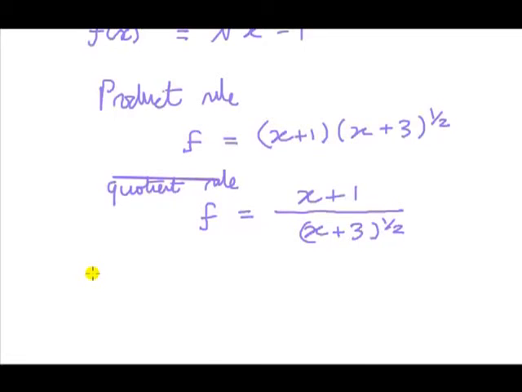Finally, there is something called the chain rule, otherwise known as the rule for the function of a function, or the rule for composite functions. The chain rule deals with cases where we have a composite function. For example, here we have a function x squared plus 1.